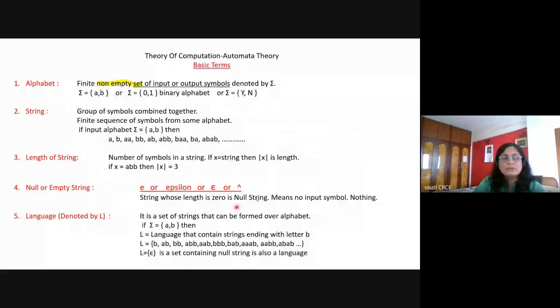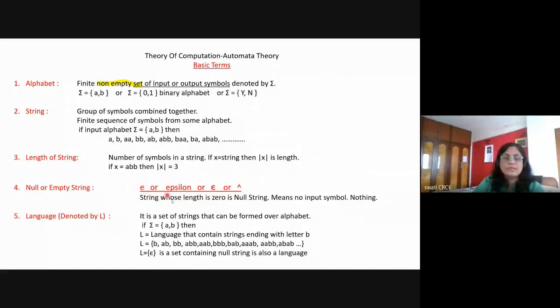Now there is one more important string which is used in solving problems, that is the null string or empty string. Null string means nothing. It is not even blank. It is nothing. The length of this string is 0, and it is represented as small e.